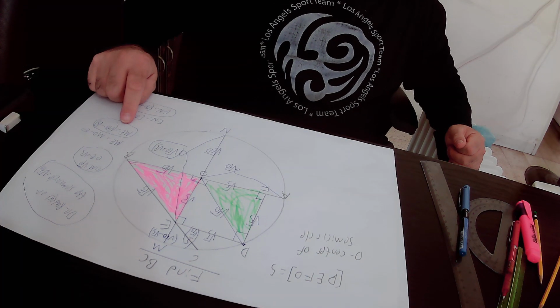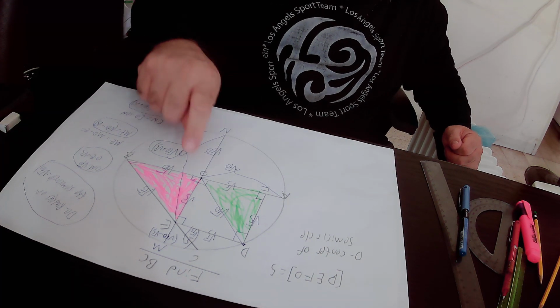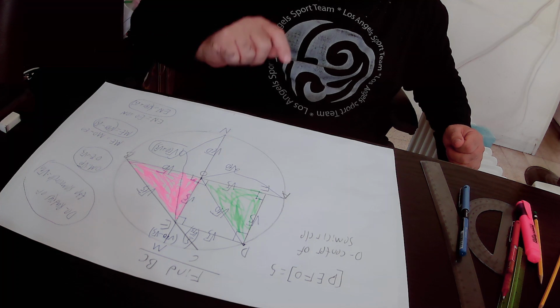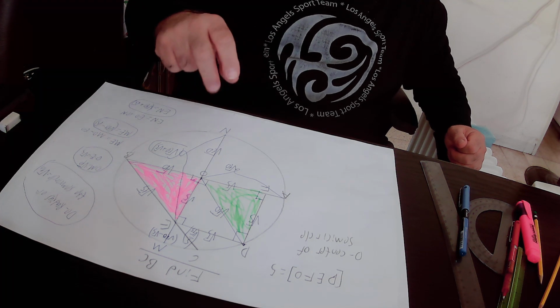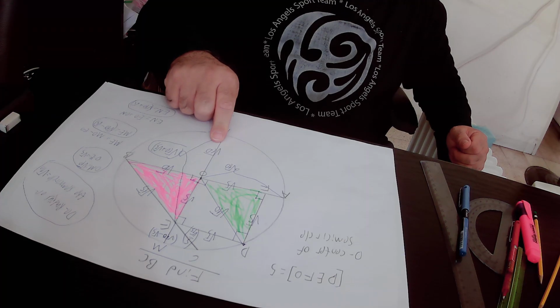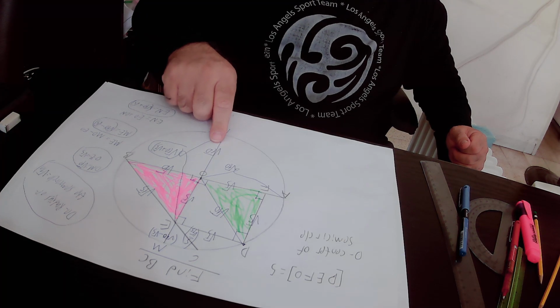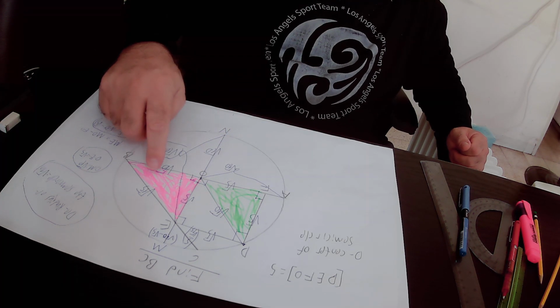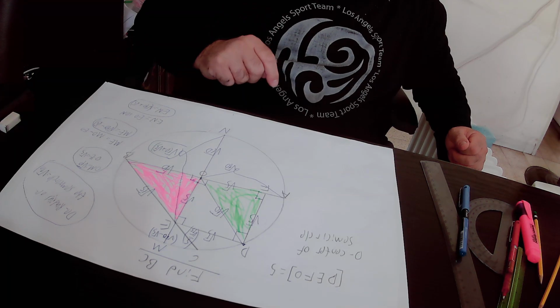In conclusion, ME equals the square root of 10 minus the square root of 5 units. We have already found that ON equals the square root of 10 units, and that EB equals the square root of 15 units.